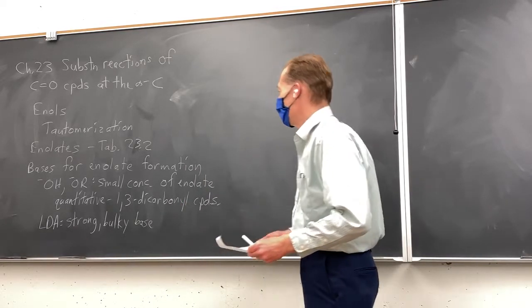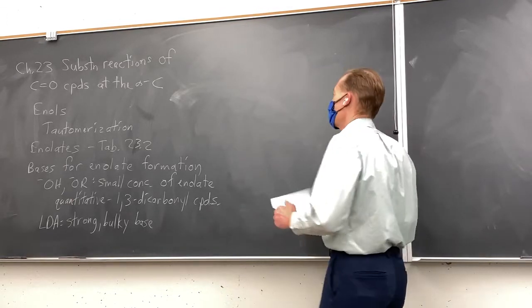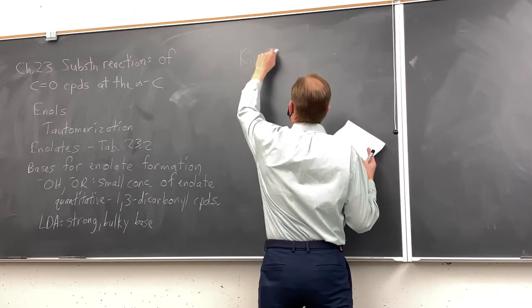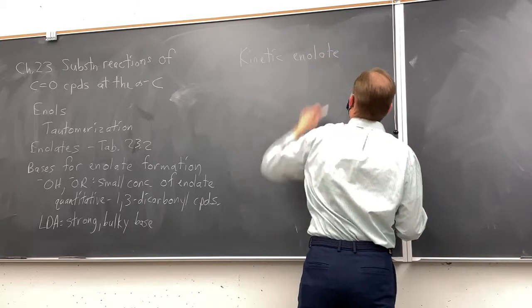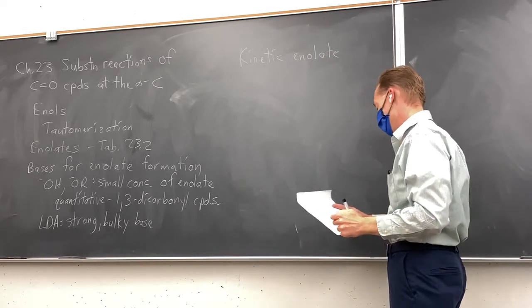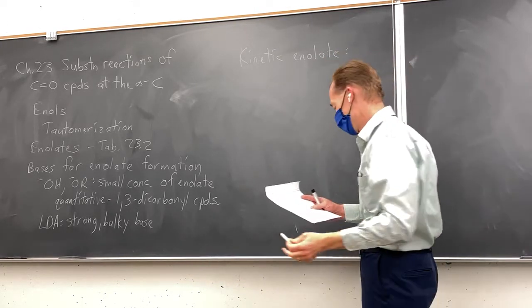Also in regards to enolates, we learned about two types of enolates. Our kinetic enolate is the enolate that is formed the fastest, that is our less substituted enolate.